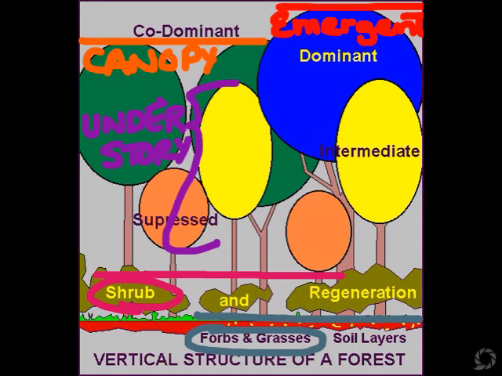Think of this as our herb layer, so flowers, things like that. Anything that's not really woody, it doesn't have a woody stem to it. So the flowers, the grasses, forbs are another category that we can think of. Mosses would also qualify here. And this is a nice diagram of that vertical tree layer.